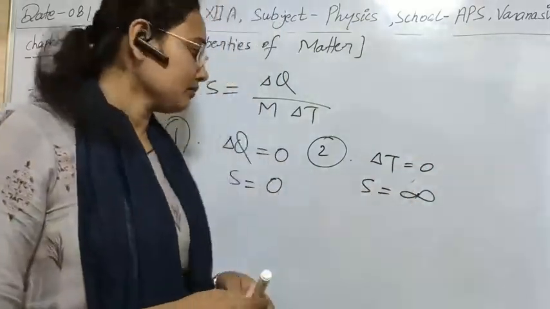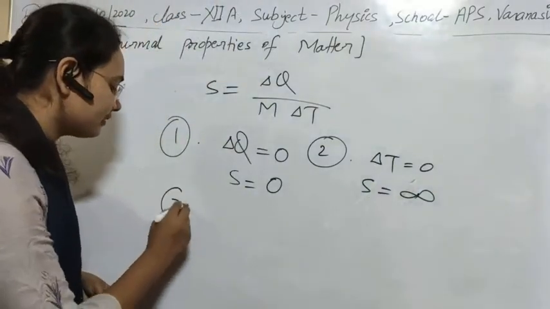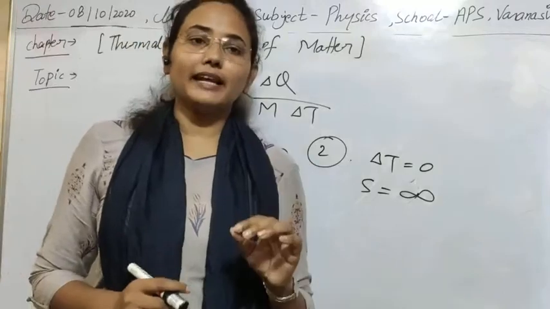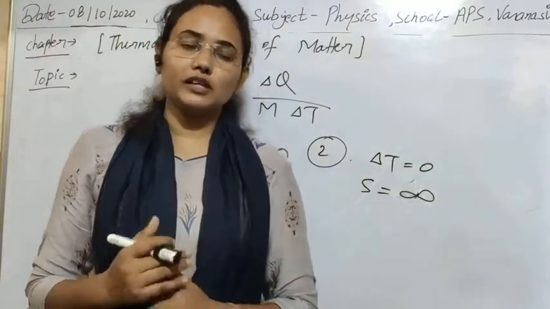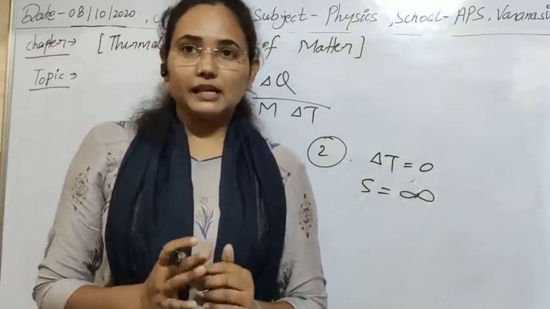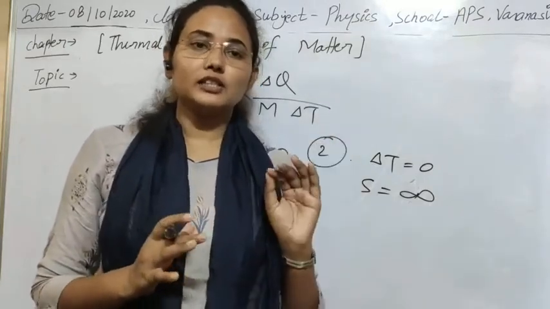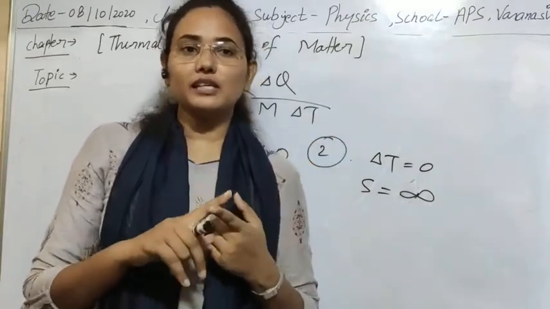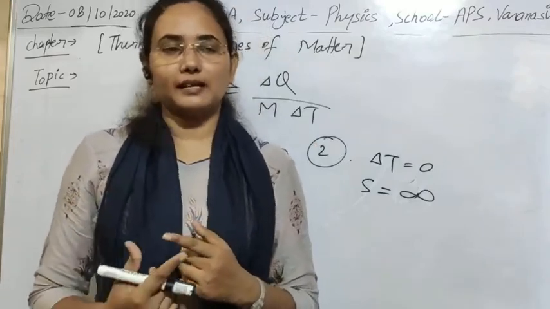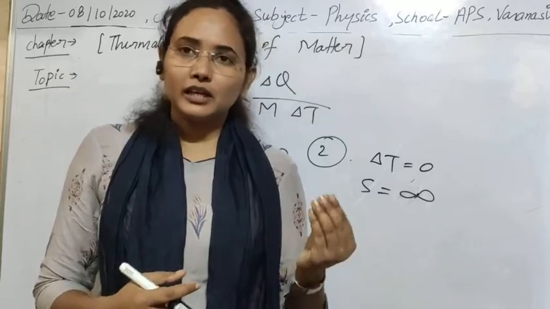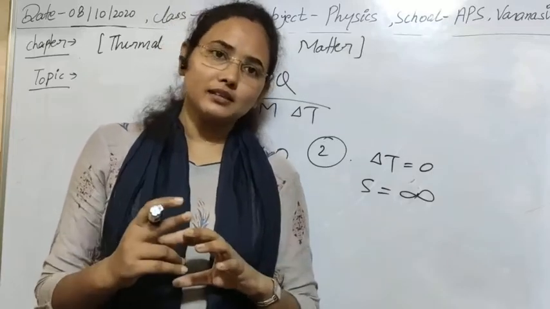Okay. The third condition is that if the rate of expansion is very slow, then again the same concept: heat is used in two ways, first to raise the temperature and second to expand the gas. So if the rate of expansion is slow, then definitely heat will be used to raise the temperature.